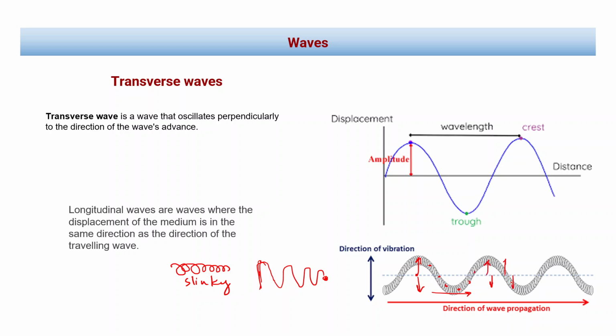Overall, the wave is moving in a perpendicular direction. This kind of wave is called a transverse wave.